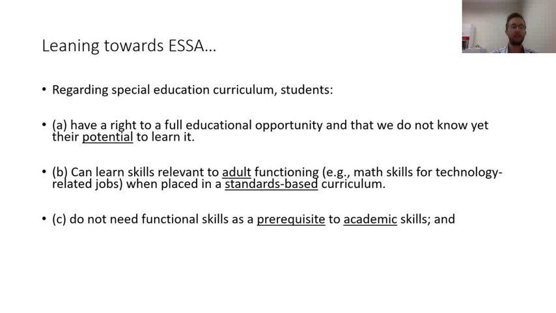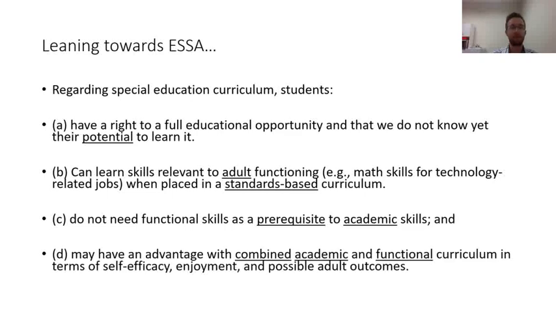In other words, they don't need to learn how to tie their shoes or to make a sandwich or to wash their hands or to floss their teeth in order to benefit from instruction in literacy, in math, in social studies, and other academic subjects.